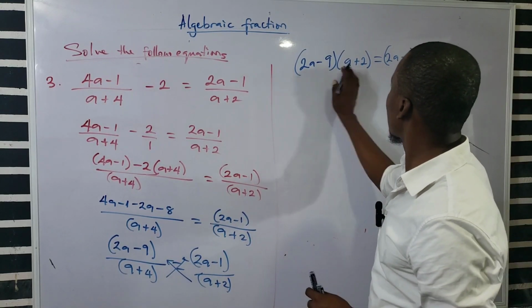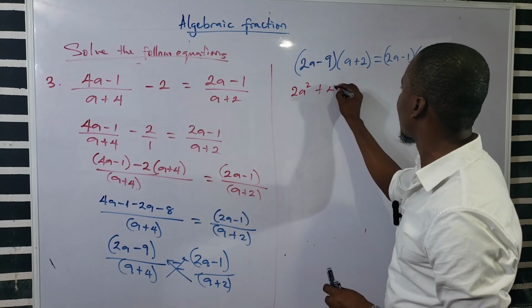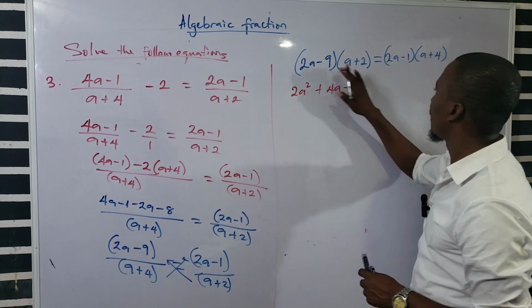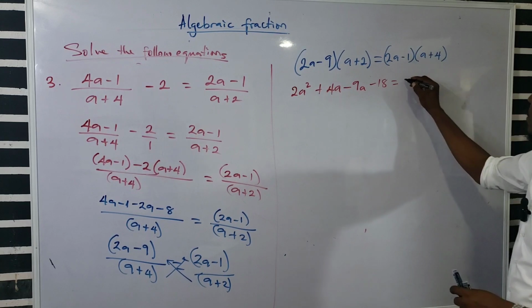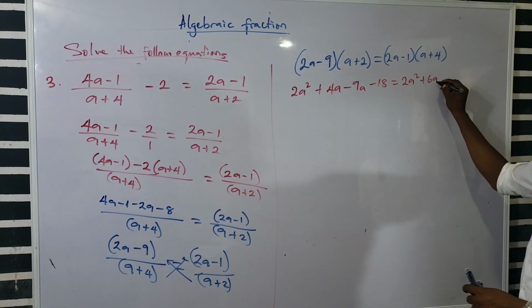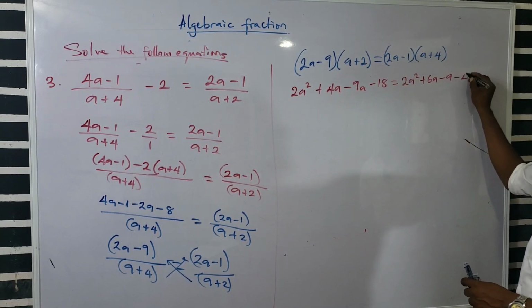This and this will give you 2a squared. This and this will give you plus 4a. This and this will give you minus 9a. This and this will give you minus 18, equal to, this and this will give you 2a squared. This and this will give you plus 6a. This and this will give you minus a. This and this will give you minus 4.